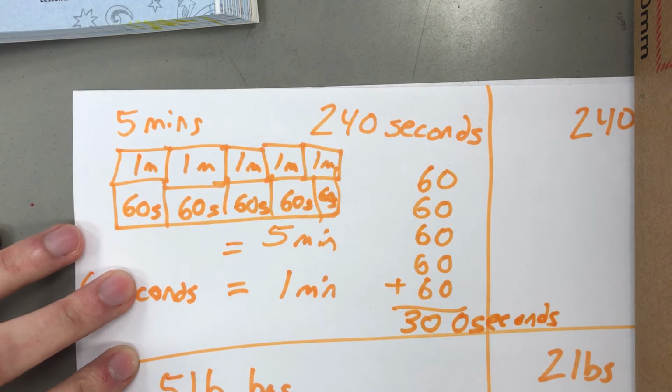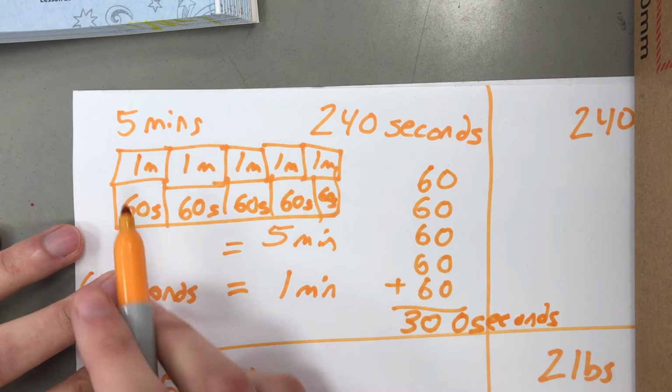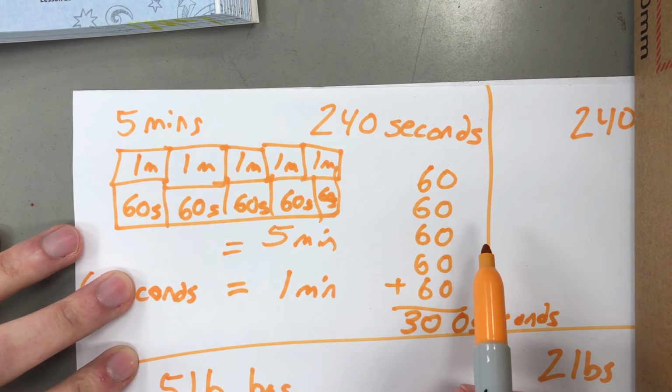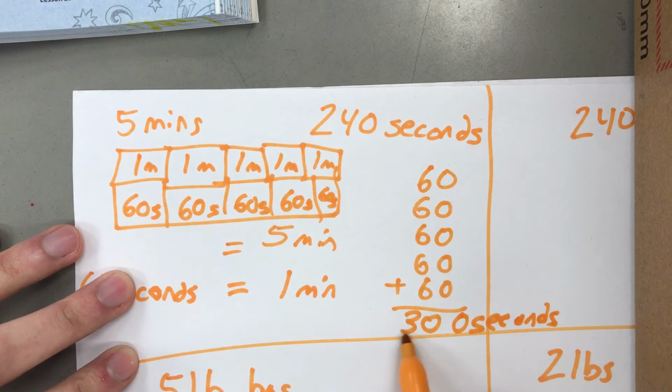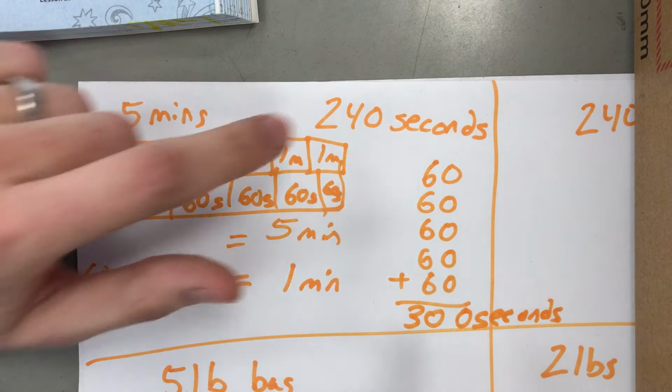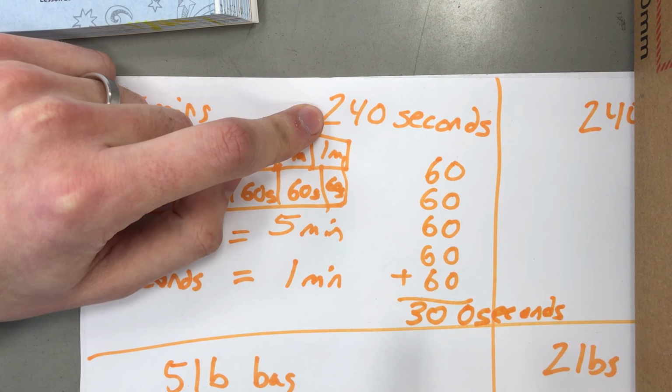Okay, does that make sense that it would take me 300 seconds to be in 5 minutes? Well, yeah, if I did 60 times 5, or just think about 6 times 5 would be 30, so 60 times 5 is going to give me 300 seconds. So if it takes you 300 seconds to do the dishes, do you have time to make it?